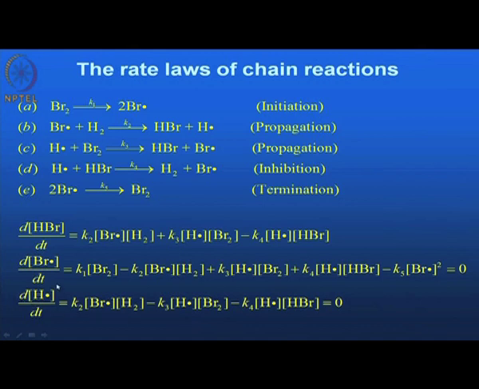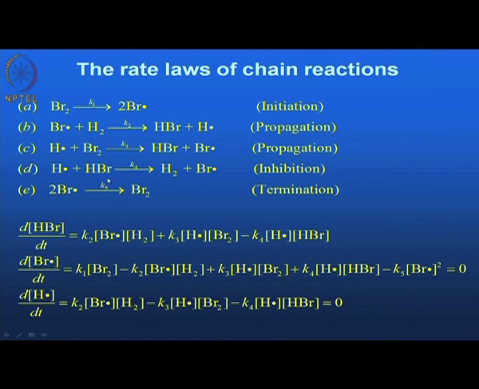How is this coming? So, this is coming like d/dt of Br dot. So, it is the rate of formation of Br dot. So, this is the first step. So, K1 Br2, then this K2 Br dot H2 with a negative sign, because this is used up. Then Br dot is produced, that means it will be K3 H dot Br2.